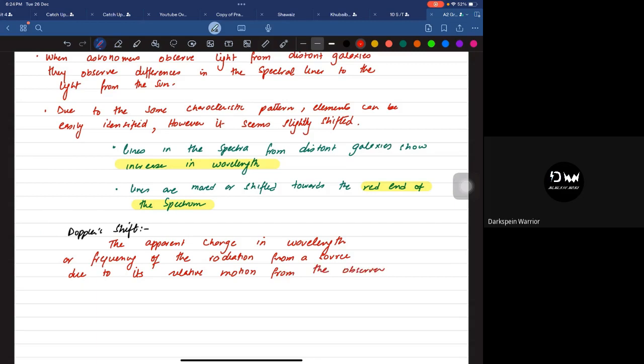The keywords in this one are apparent change and relative motion.